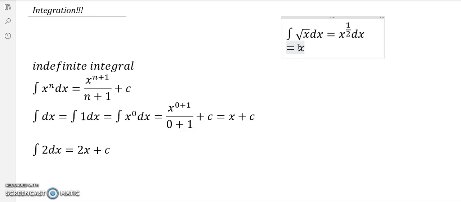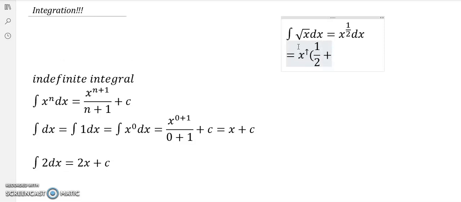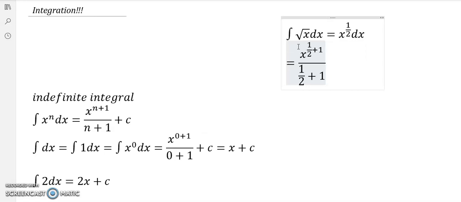x to the power half plus 1, all divided by half plus 1, plus the arbitrary constant c.